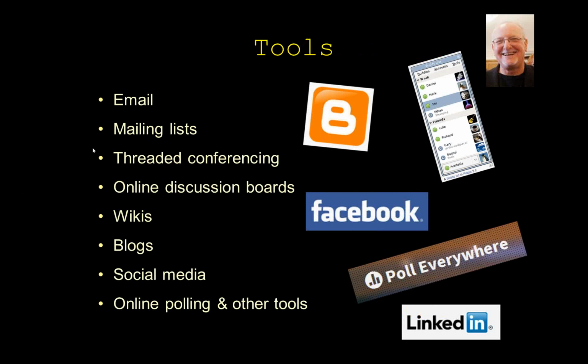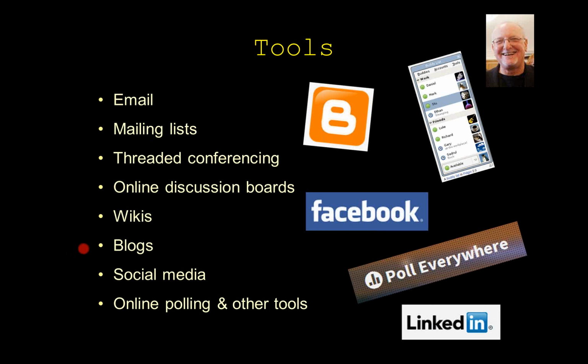Now, some of the tools that we can use within the learning management systems or within any kind of online learning environment include things like email. We can use email within a system or separately. There are mailing lists, meaning an asynchronous type of communication, threaded conferencing, online discussion boards, and wikis for collaborative work, and one could consider Google Docs and things like that as wiki-like.